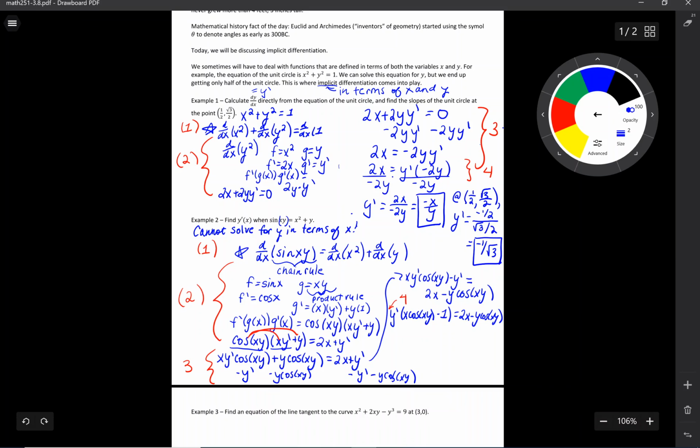And finally, in order to solve for y prime, I need to divide everything by what y prime is currently being multiplied by. So I'm going to divide both sides by x cosine xy minus 1.